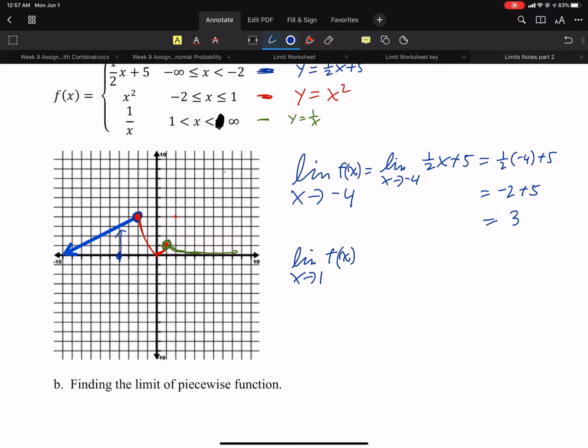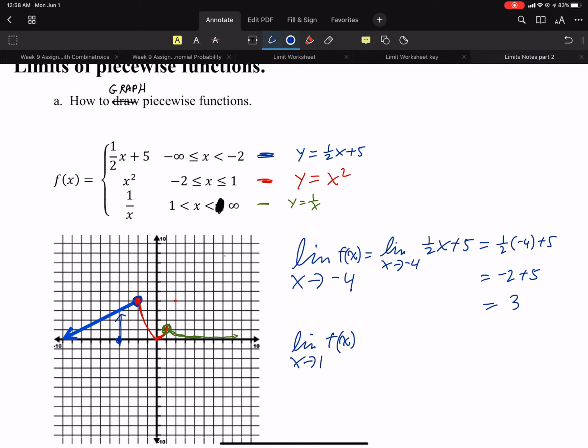You're just finding the limit. So for the first one, you see, oh, -4. -4 is between these, so it's always this function. But now we're at 1, and you should notice 1 is at the intersection of x squared and 1 over x. So how do you find the limit when there's two different functions involved and you don't have this graph here? Assume you don't have that. We're going to do this analytically, not graphically.